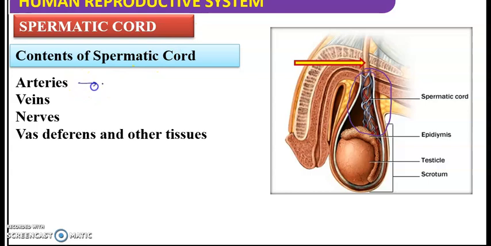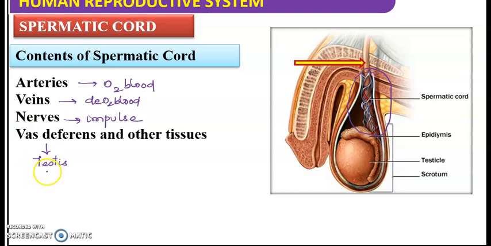Arteries carry the oxygenated blood, veins carry the deoxygenated blood, and the nerves carry the nervous impulse. The vas deferens is connected to the testis. It is coming from the testis and its main role is to help in the transport of sperms. So all of these are present in the spermatic cord.